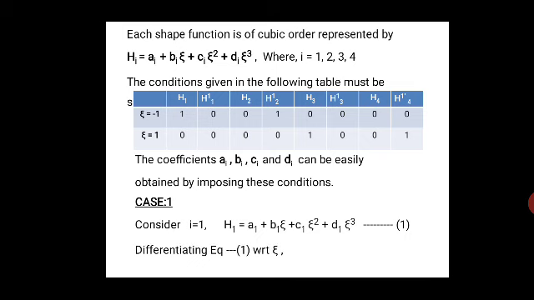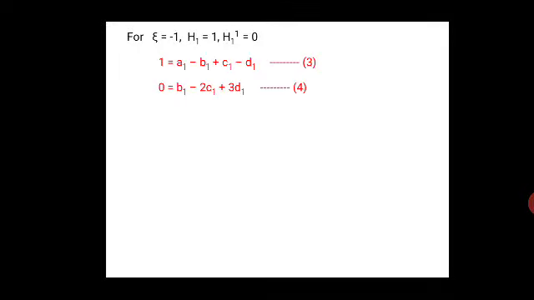On differentiating, we can write H1 dash is equal to b1 plus 2c1 zeta plus 3d1 zeta square. Now for these two equations you apply the conditions. The condition is, when zeta is equal to -1, H1 is equal to 1 and H1 dash is equal to 0. Substitute these in equation 1 and equation 2.